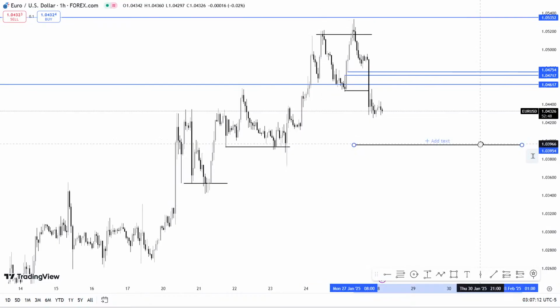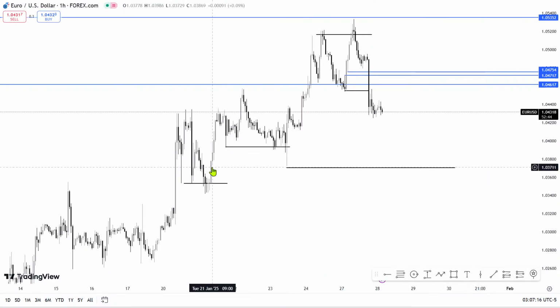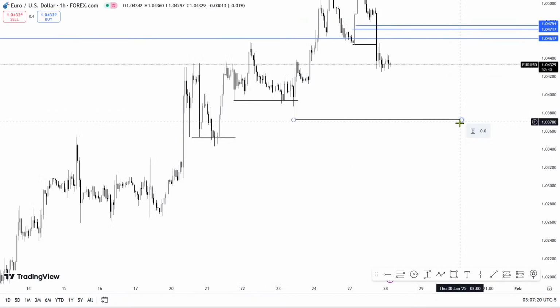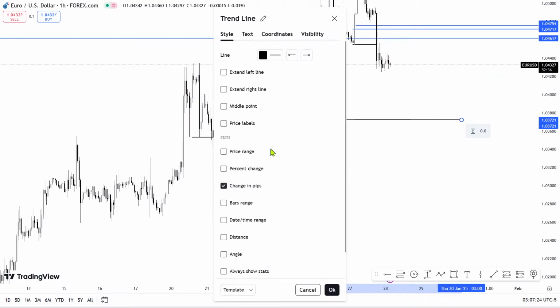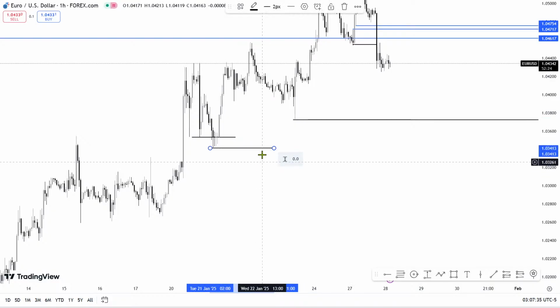Drawn liquidity, of course, will be the lows there. You can see that low. There's a gap right below that. All of that. The lows right here.